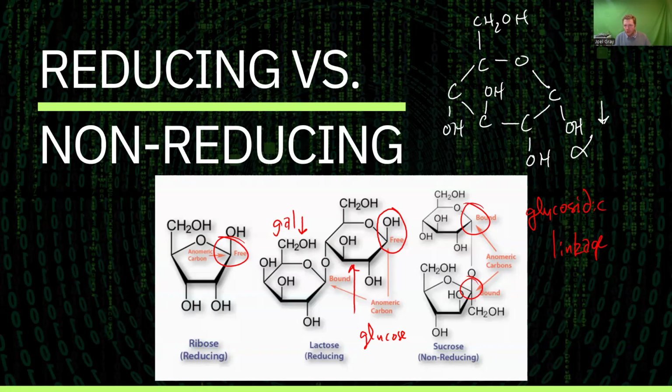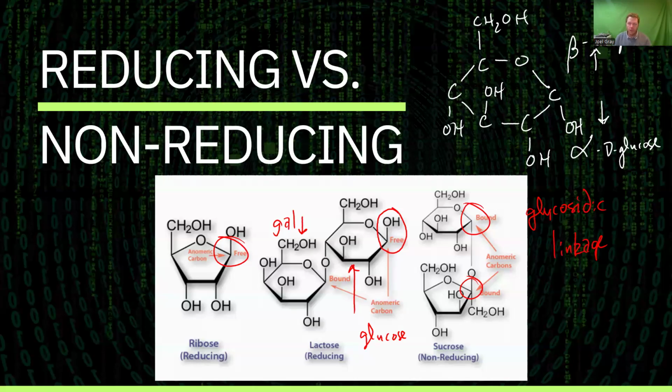So this right here is alpha D glucose. Now, if that OH group is pointing upward, so I'm going to draw an arrow pointing upward, then it is beta D glucose.